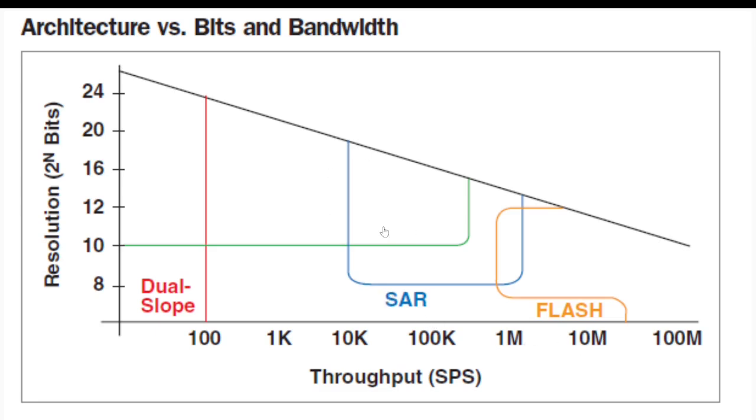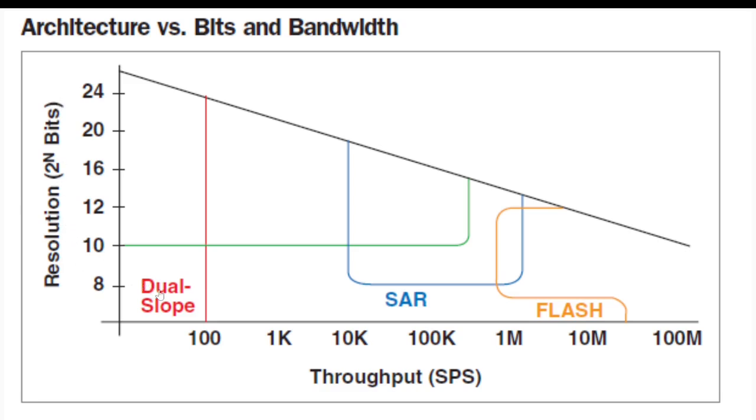SAR and also sigma delta are also kind of in this window. A very good pictorial view of what we just discussed in the previous slide, where the dual slope is on the lower side of sampling schemes. Okay, and this is the bits resolution.